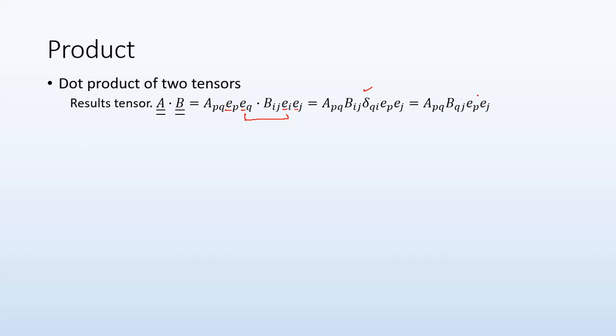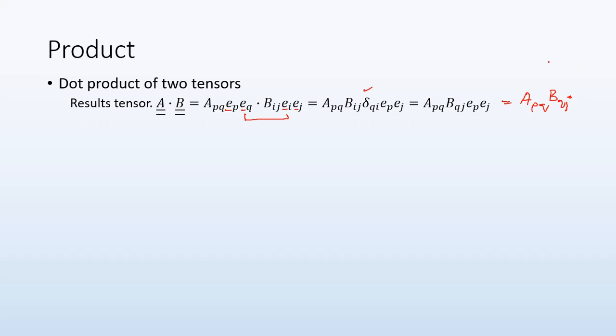Using the summation convention, I can get rid of this and write my product as A_PQ B_QJ. Therefore, here we can see that you have one dummy index and two free indices. Since you have two free indices, this is a tensor of rank 2.